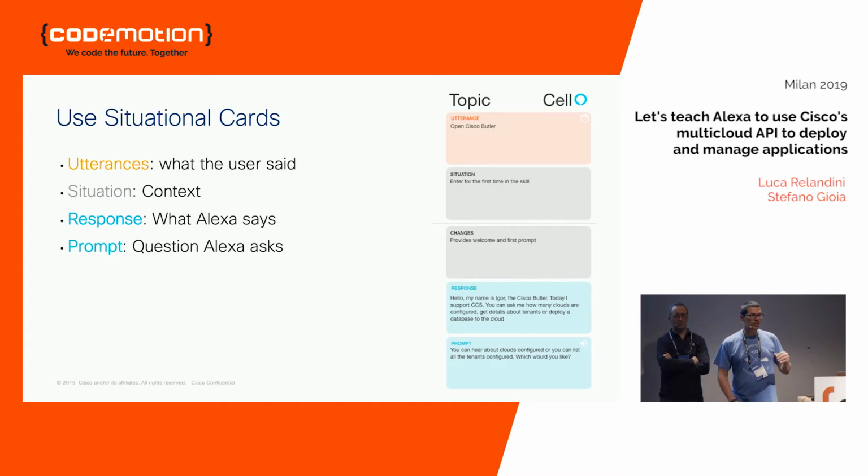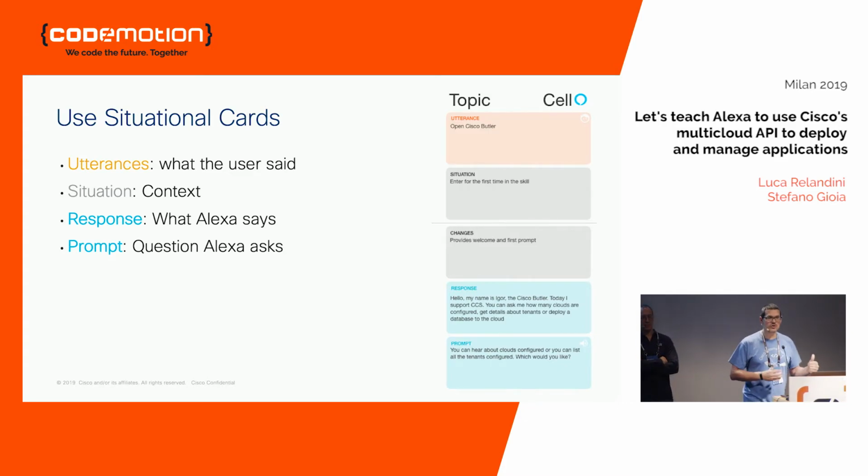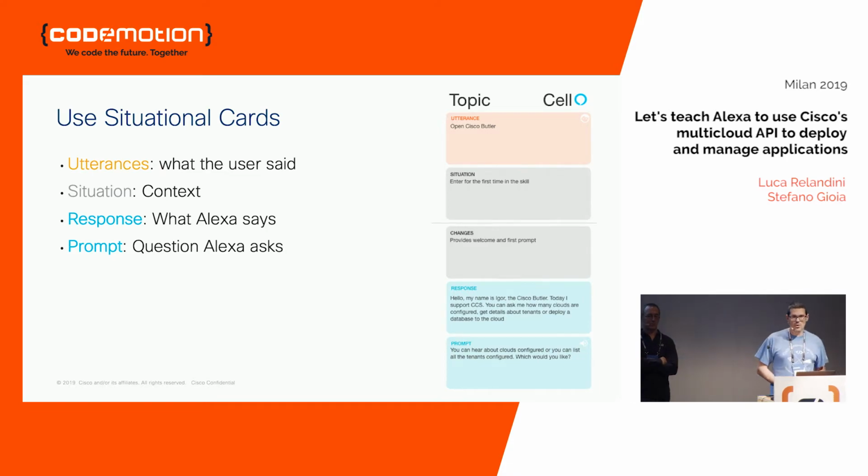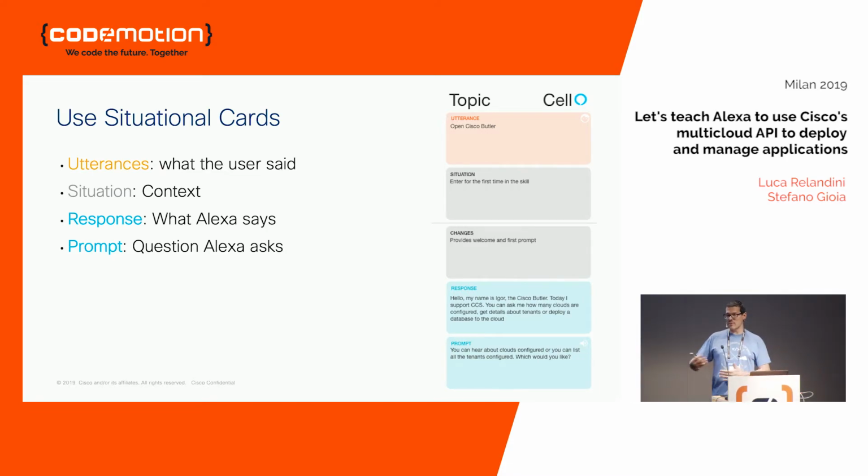And it's very important to define the situation we are in. So we want to have skills that, for example, the very first time ask, who am I? In order to store and save my name. So the next time I invoke the Alexa skill, she already knows who I am, and perhaps I have already set some information.